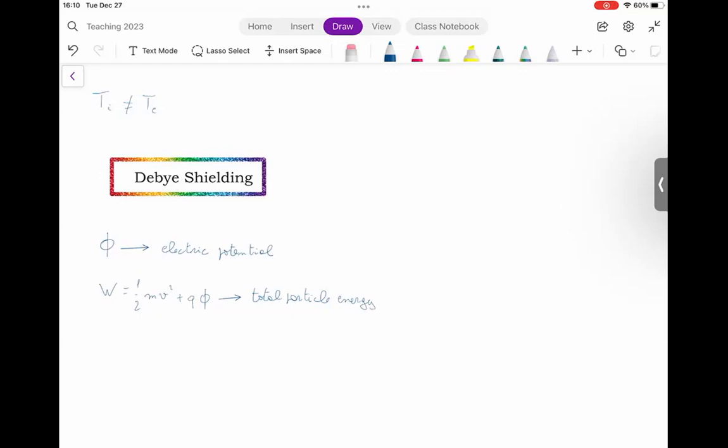You most likely see where this is going. We go back to statistical mechanics. And from statistical mechanics, we know that the distribution function, which I'm now going to assume to be isotropic for simplicity, is going to look something like this. It's going to have my normalization constant.